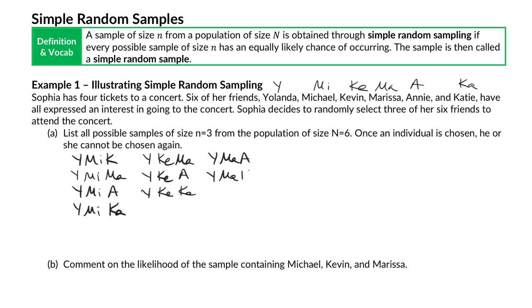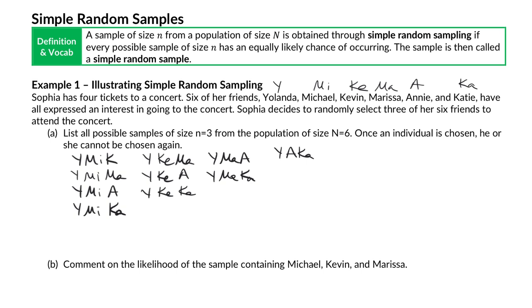Yolanda, Marissa, and Katie. And then Yolanda, Annie, and Katie. All of those groups are different, yes? If I had put them in a different order, it would still be the same sample. So far, I have 10 choices. All of them include Yolanda.